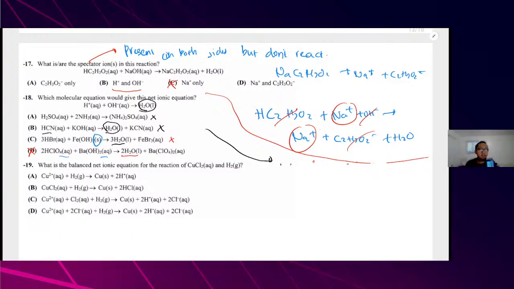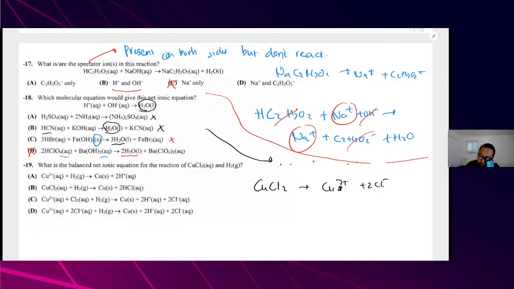Okay, so now again for number 19, what is the balanced net ionic equation from the reaction of CuCl2 and H2? What is that one? Gas. Okay, gas. What is the balanced net ionic? CuCl2 will be Cu2+ plus 2Cl-.